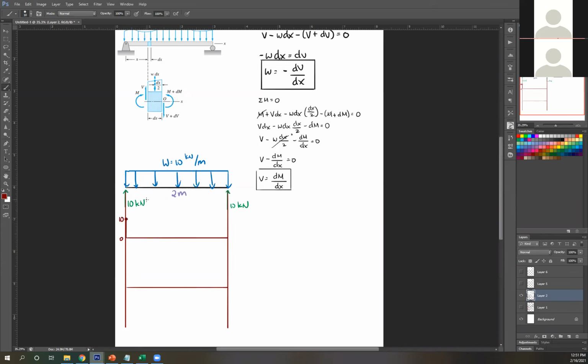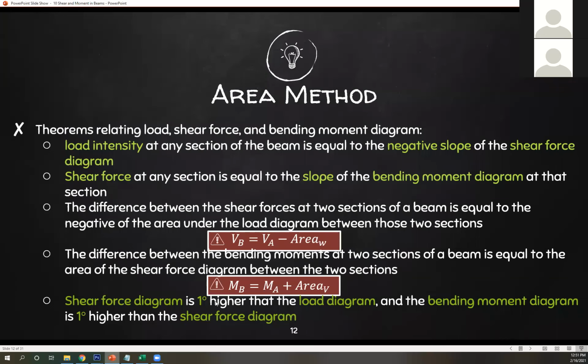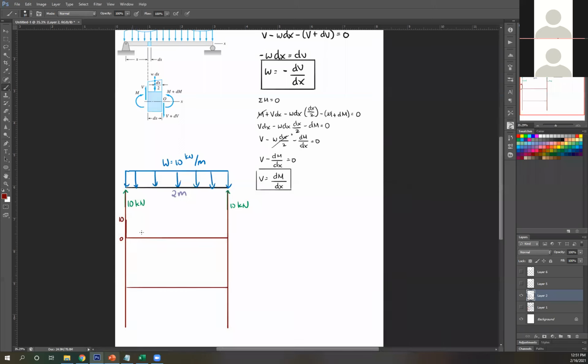If there's no load, you're going to get a straight line. But here I have a uniformly distributed load. What you're going to get now is 1 degree higher than that. Shear force diagram is 1 degree higher than load diagram. So I have a straight line, 1 degree higher than that is a sloping line. Our forces are downward, so go downward till you reach the end of your distributed load.